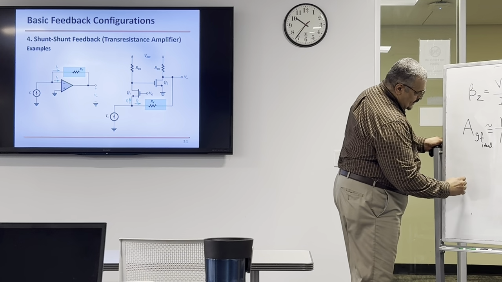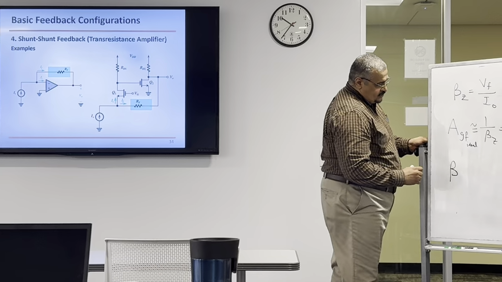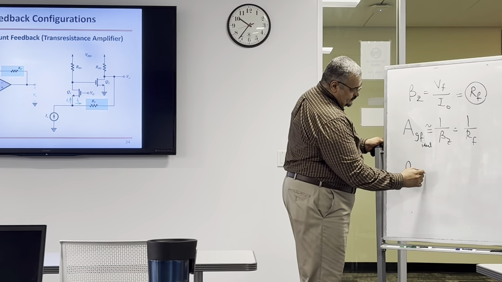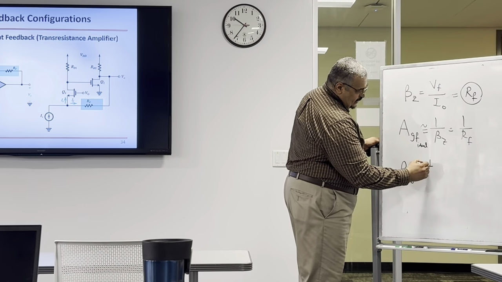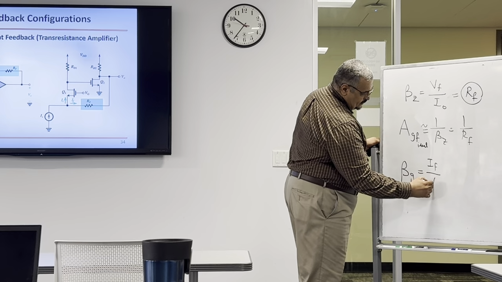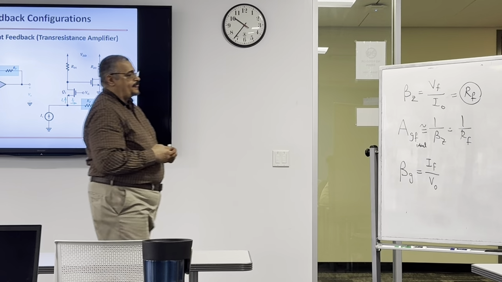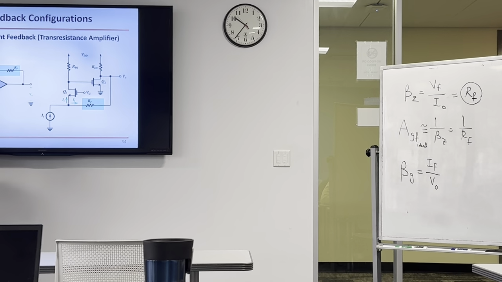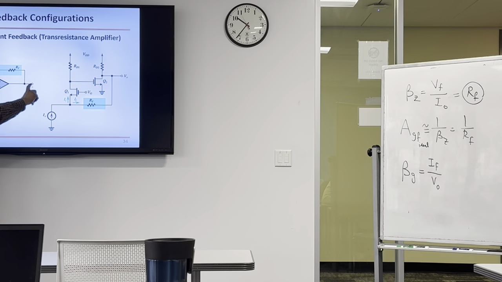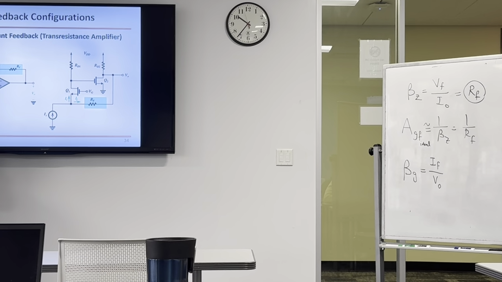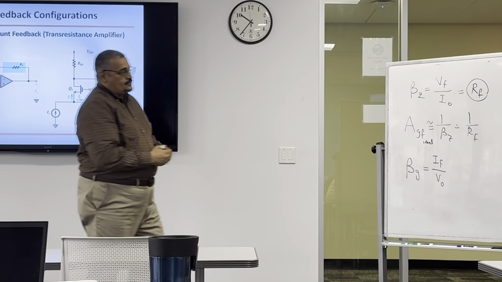So beta in this case is going to be beta G, which is IF divided by V out. This current divided by this voltage.